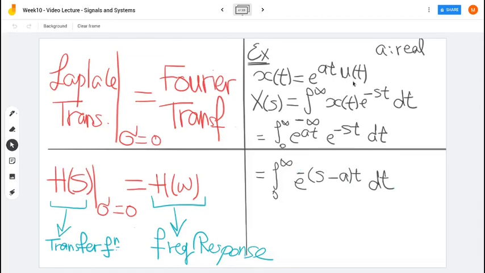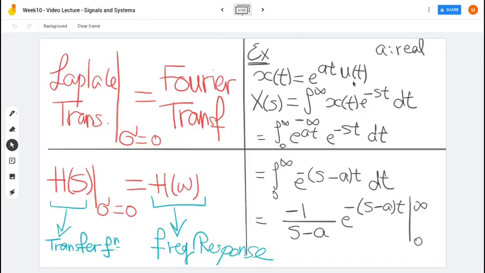So doing this integration, we will be having 1 over (s minus a) with a negative sign times e to the minus (s minus a)t, and now we need to substitute from 0 up to infinity.